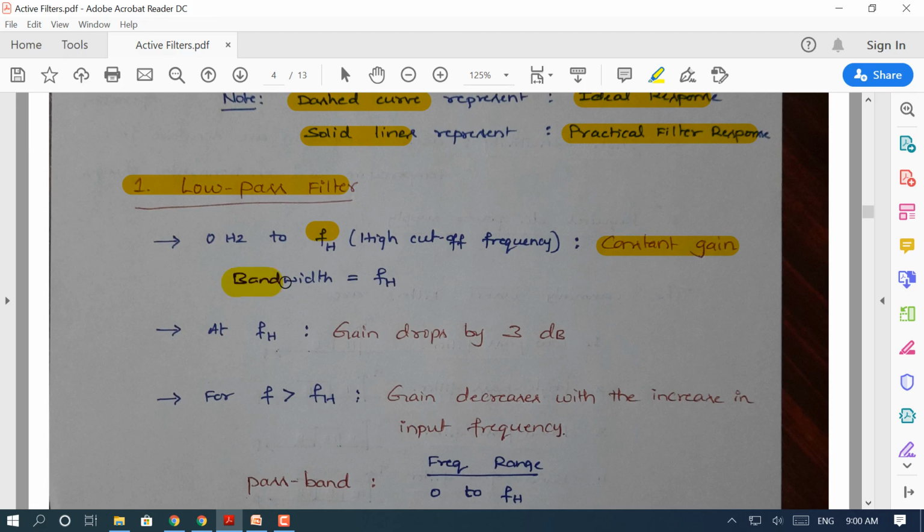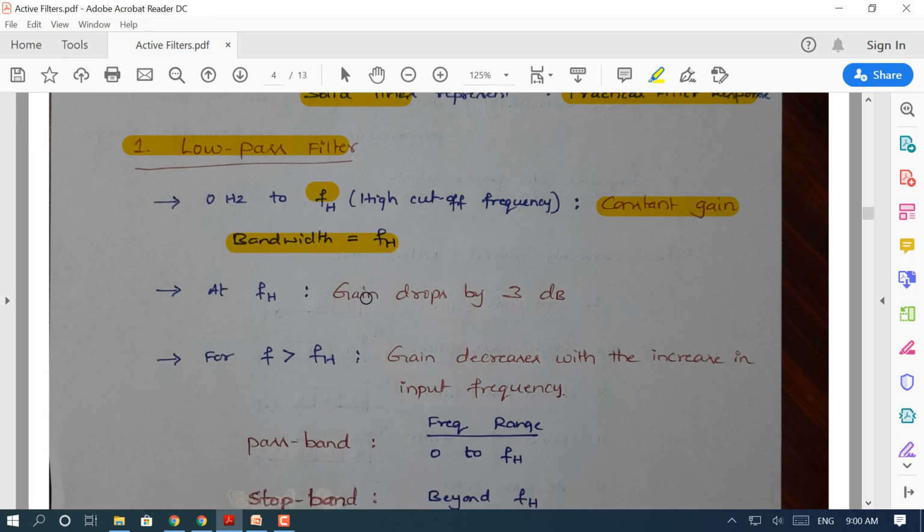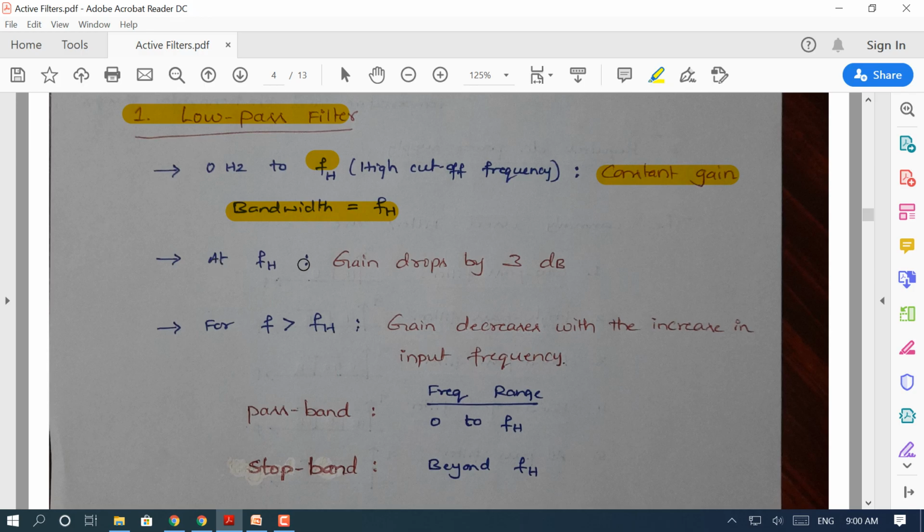At exactly this frequency fH, the gain drops by 3 decibels. For frequencies greater than fH, the gain decreases with the increase in input frequency. So I hope you understand the three categories here. For frequencies 0 to fH, the low pass filter provides constant gain.